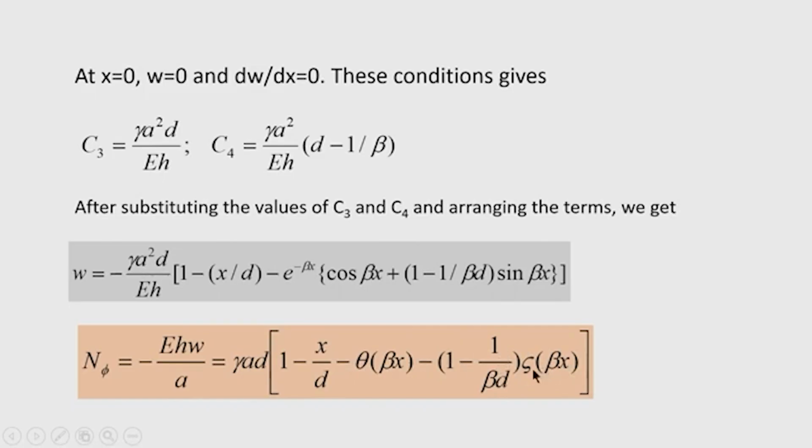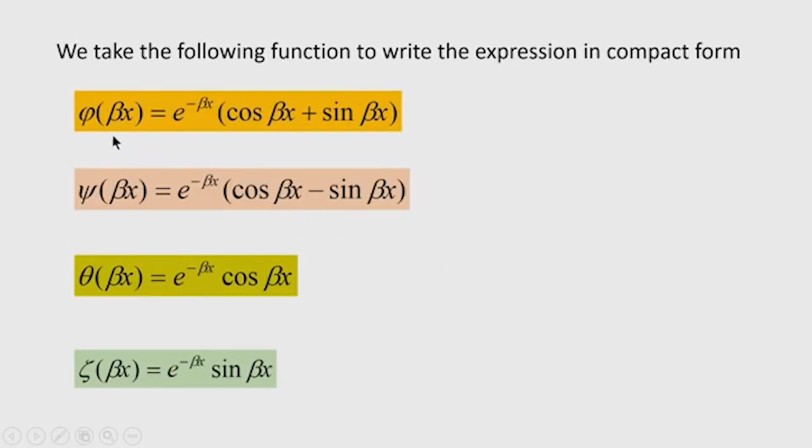Now, theta and xi are the functions which contain this exponential term with cosine terms or the sine term. So, there are several functions which contain this combination of exponential term and cosine and sine term.